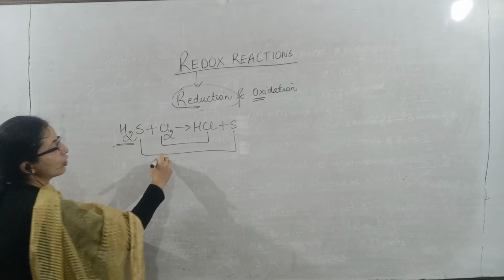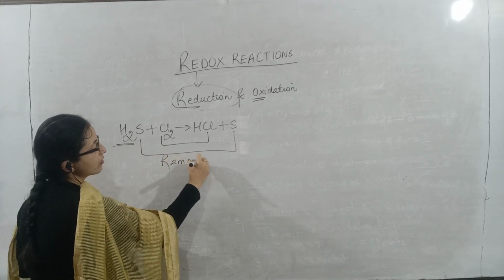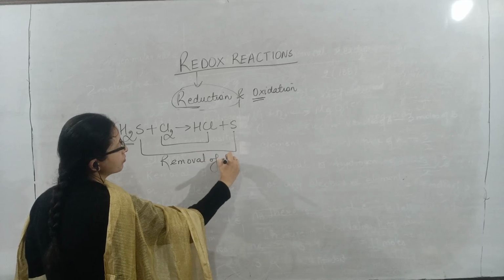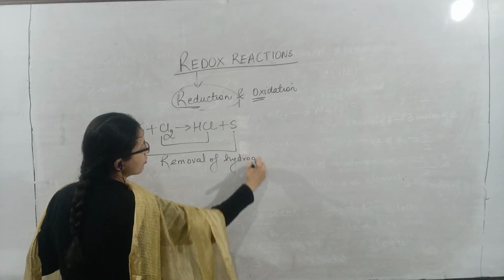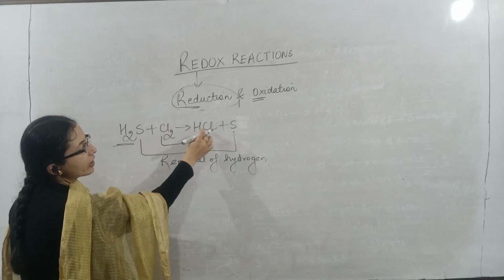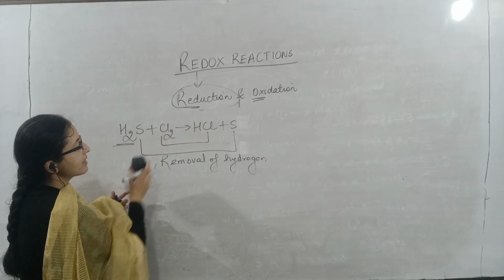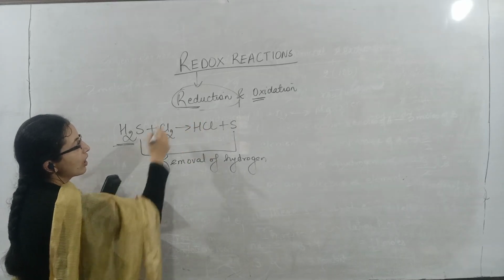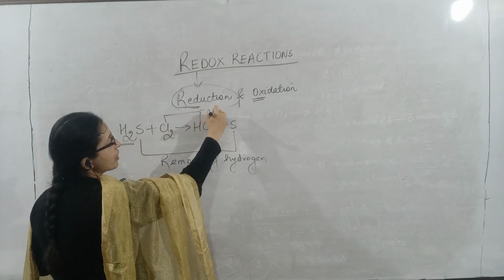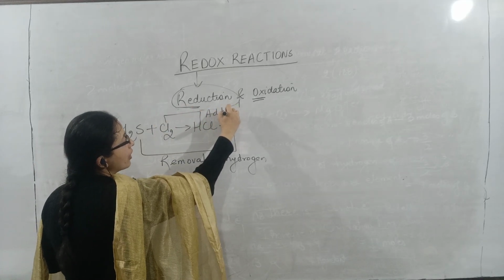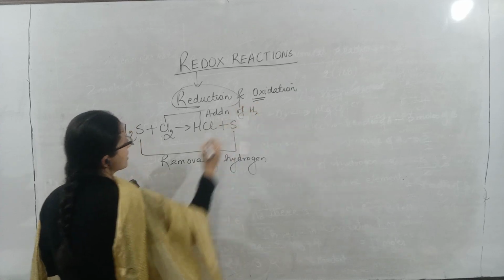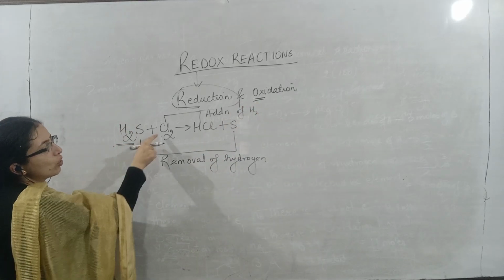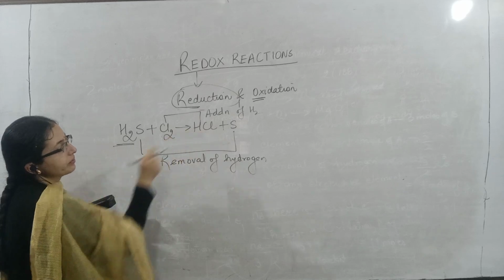So there is removal of hydrogen. Right? And chlorine is converting into HCl. So chlorine जब HCl में convert हो रहा है तो hydrogen क्या हो रहा है? Add. So there is addition of hydrogen taking place. So chlorine is getting reduced.